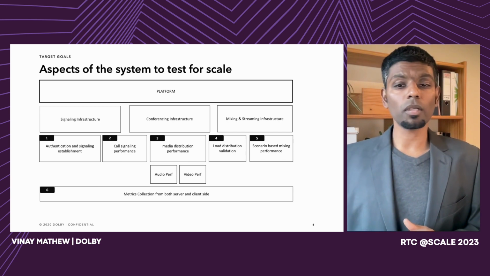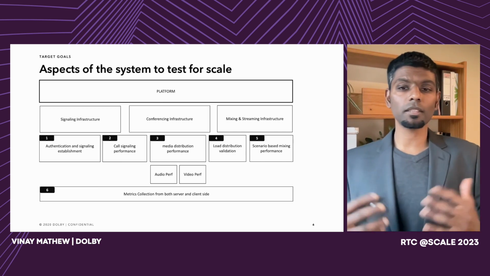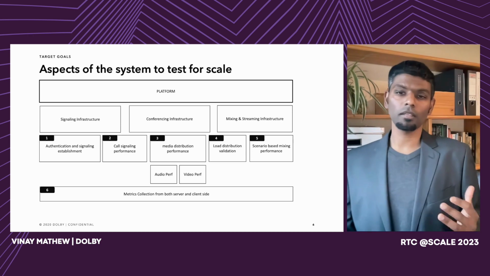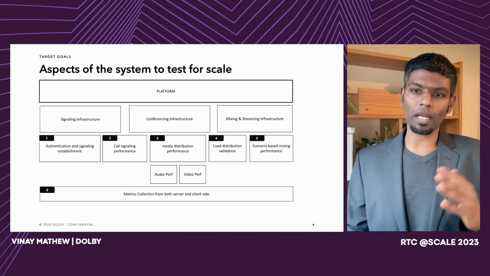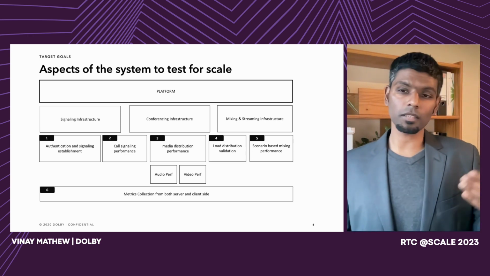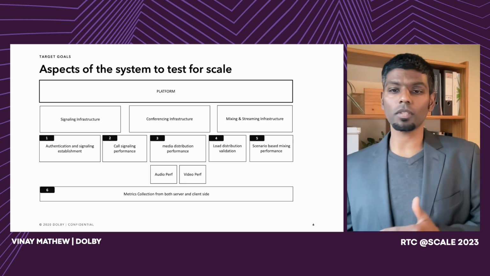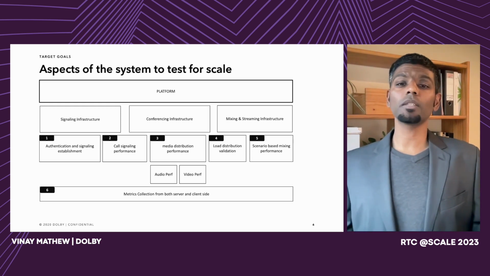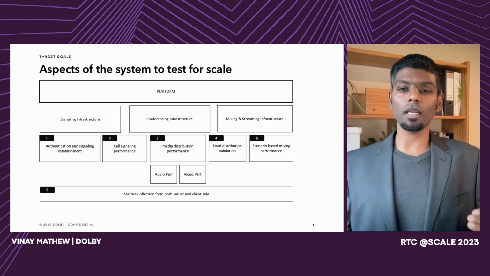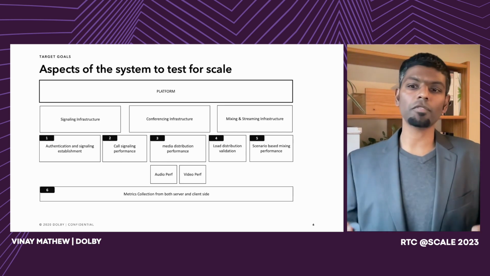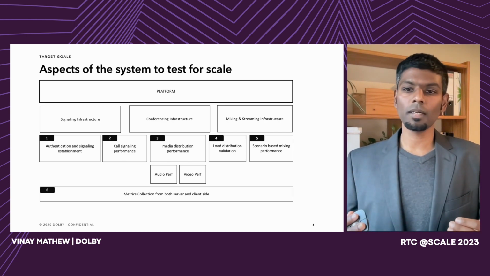And lastly, point number six, we as a team would like to build a holistic collection of metrics that spans the backend, basically the server-side metrics and also the client-side metrics, and be in a position to build a baseline of performance as we add features onto the system.